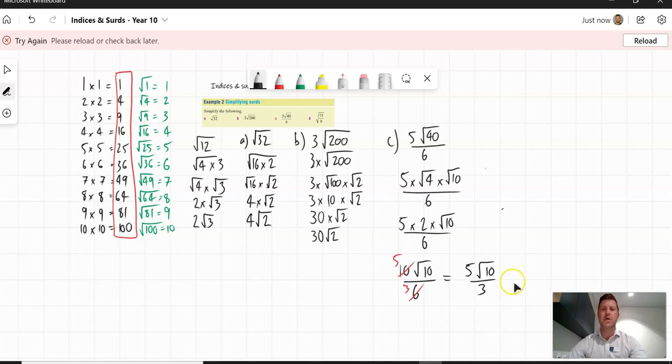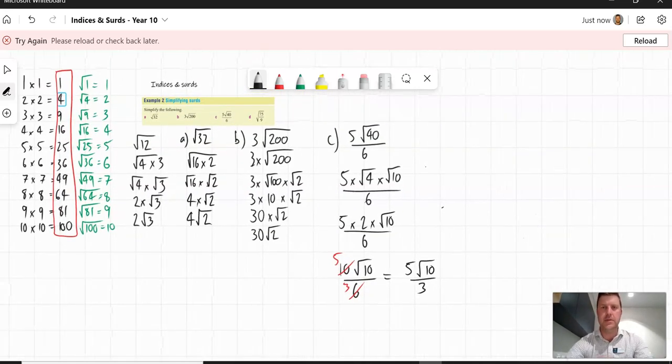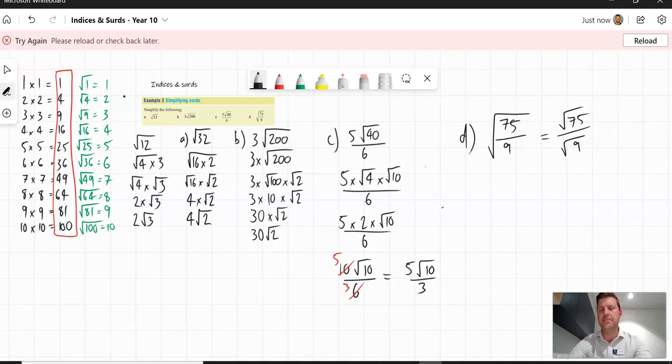That's the final answer. I can't simplify that square root of 10 any further, because even though I can divide 10 by 5 and 2, 5 and 2 are not square numbers. They don't appear on this list, so I can't simplify it any further. Okay? Alright, the last one there is square root of 75 over 9, which is the same as the square root of 75 over the square root of 9.